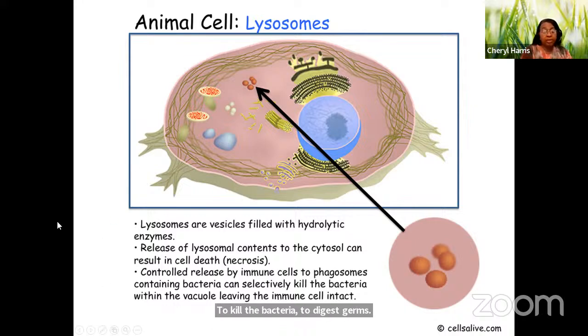They are the thing that protects the cell. And one of the reasons they sometimes call it a suicide sac, if the cell is not functioning properly, it will release its enzymes into the cell and digest the cell. Okay, so it's got a regulatory function as well as protecting.